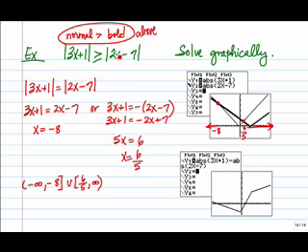If you set one side to 0 by subtracting the absolute value of 2x minus 7, we're trying to find where the absolute value of 3x plus 1 minus the absolute value of 2x minus 7 is greater than or equal to 0. So that means I'm trying to find the regions where this is above the x-axis. And it is above to the right of that 6/5 and to the left of that negative 8.